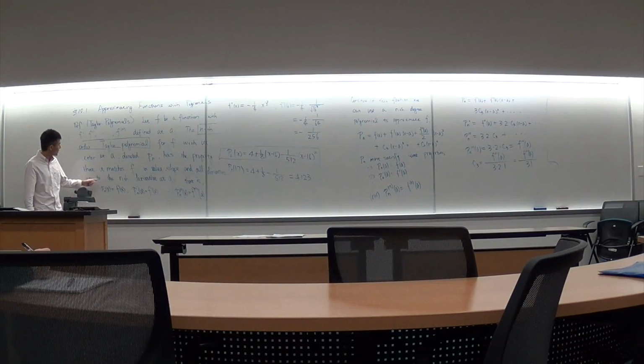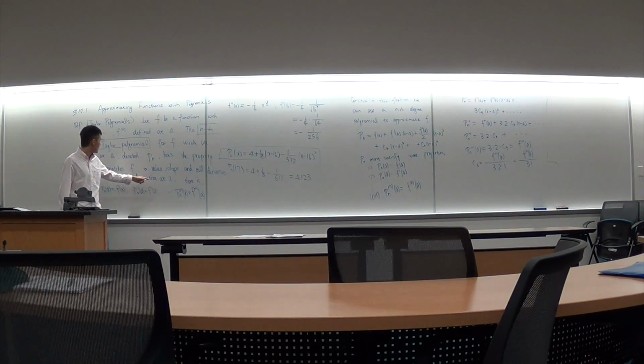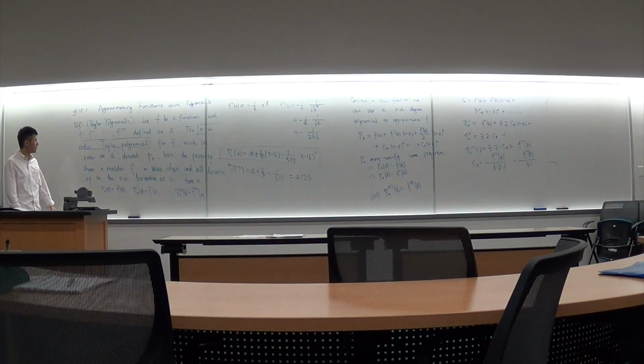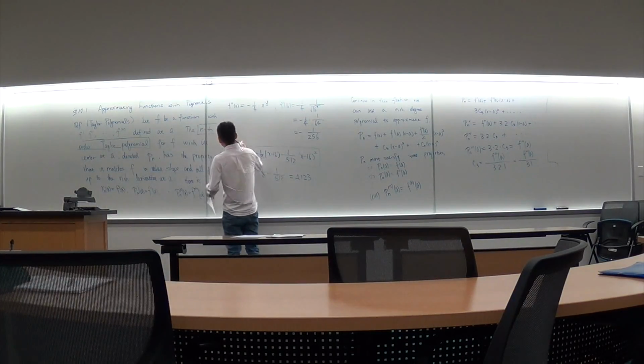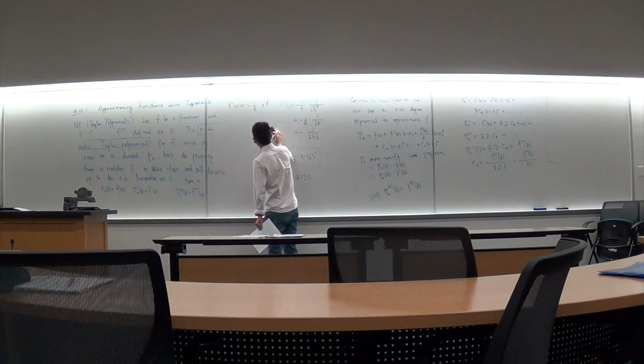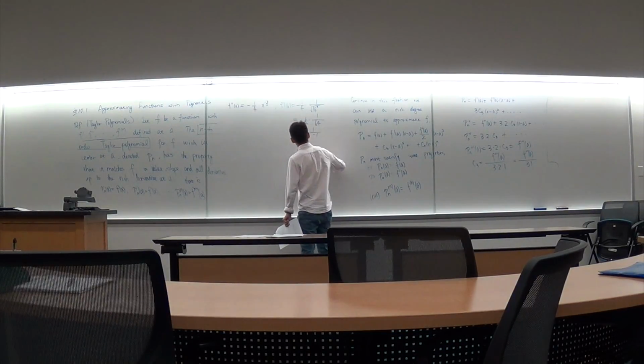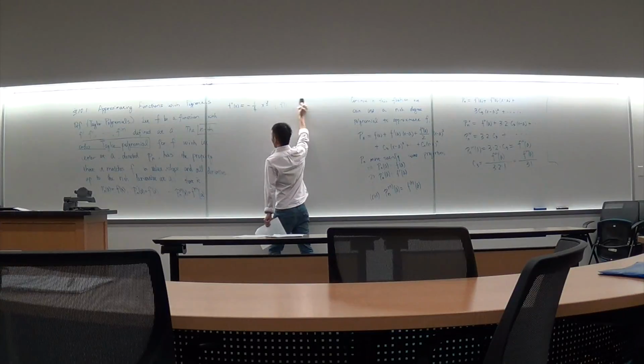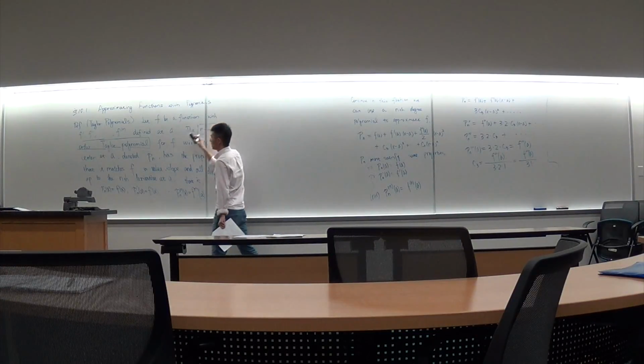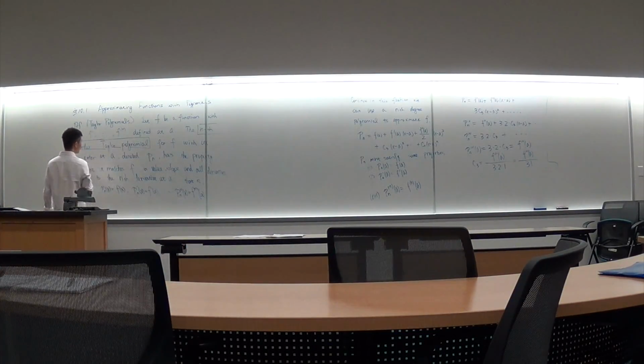So this polynomial P sub n matches the original function f in value, slope, and all the derivatives up to the nth derivative at this point A. All right? And that is our so-called nth order Taylor polynomial, our approximating function for the original function f.